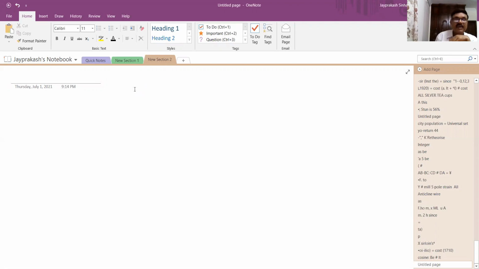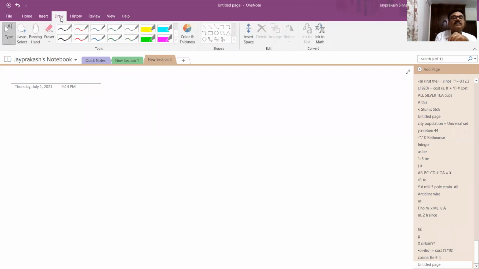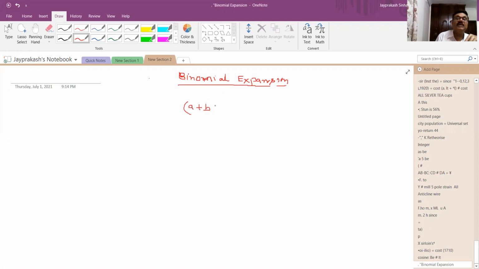Okay, so we are doing binomial expansion, that means the expansion of (a + b) to the power n.